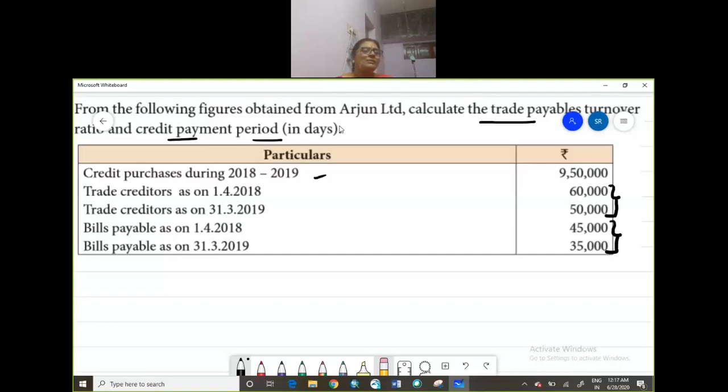So now that you are very much familiar with the formula, now let us calculate the trade payable turnover ratio. So how do you calculate it?